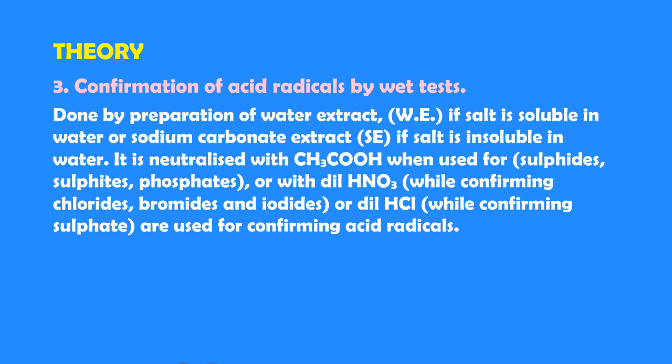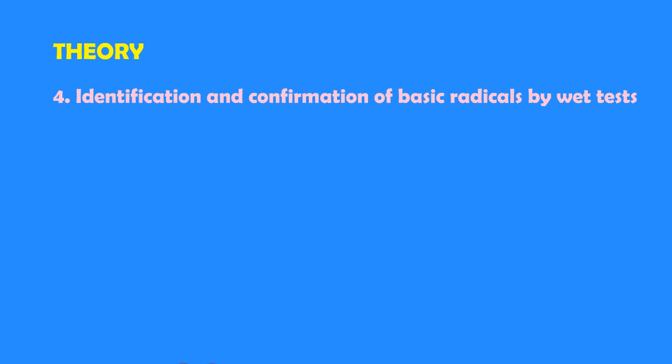It is neutralized with CH3COOH when used for sulfides and phosphates, or with dilute HNO3 while confirming chlorides, bromides and iodides, or dilute HCl while confirming sulfate, and is then used for confirming acid radicals. Identification and confirmation of basic radicals by wet test.